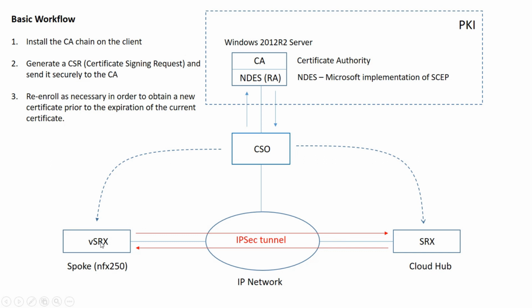When it comes to generation of the keys and device enrollment, that is all delegated to CSO as before. So CSO is the entity that communicates with the CA server. CSO will generate the keys, enroll this device, and then during the onboarding process, through a secure HTTPS channel, transfer the keys and certificates onto JDM, which is part of NFX 250, until the time comes that the gateway router is spawned, and then it will load those certificates from JDM to the gateway router.